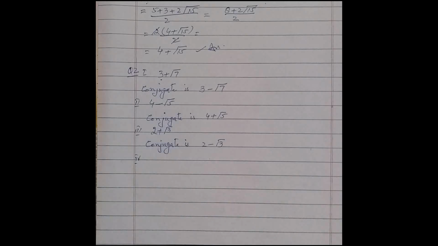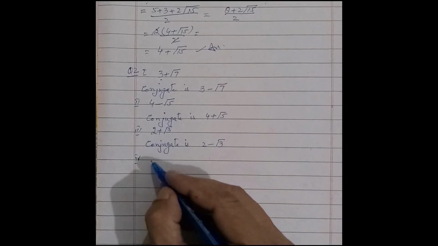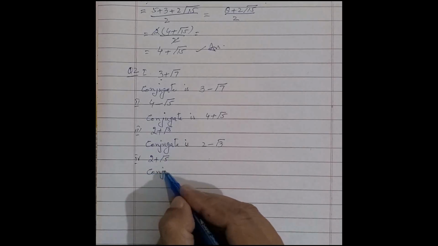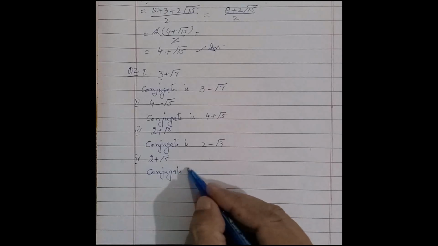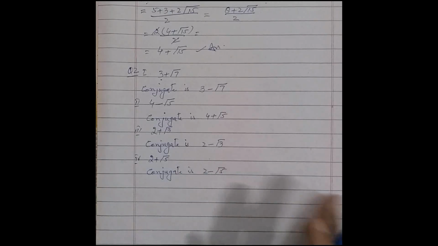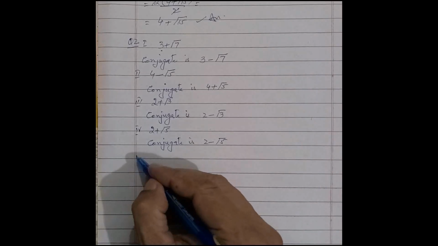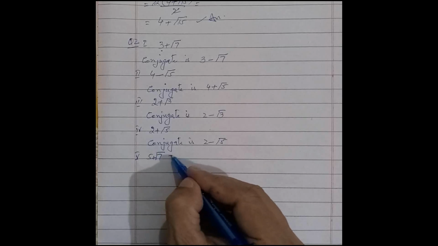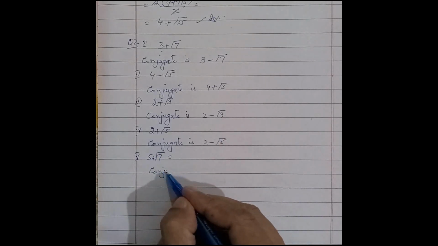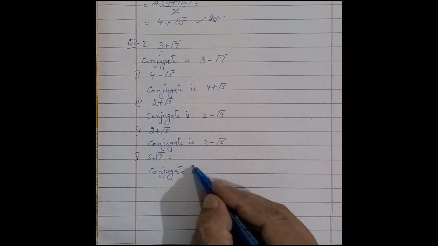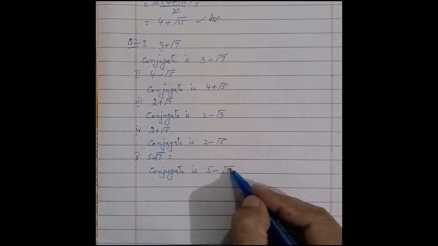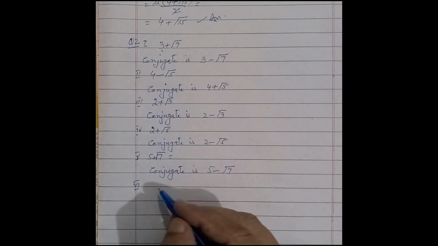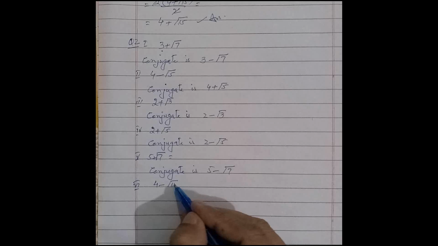And the fourth part is 2 plus square root 5, and the conjugate is 2 minus square root 5. And next, the fifth part, 5 plus square root 7, and the conjugate is 5 minus square root 7. And the sixth part is 4 minus square root 15.